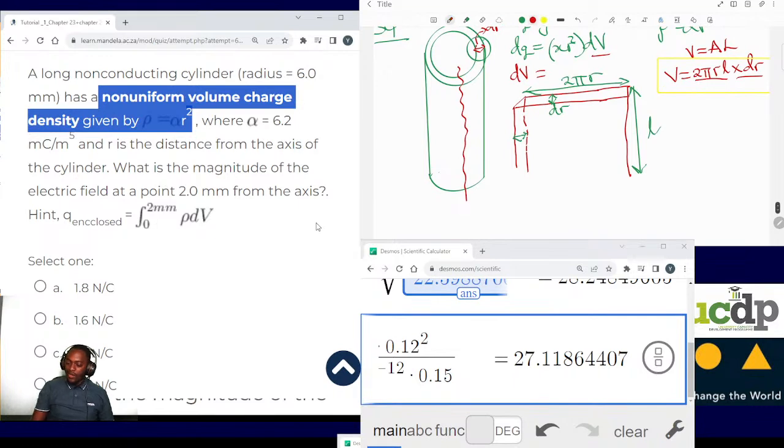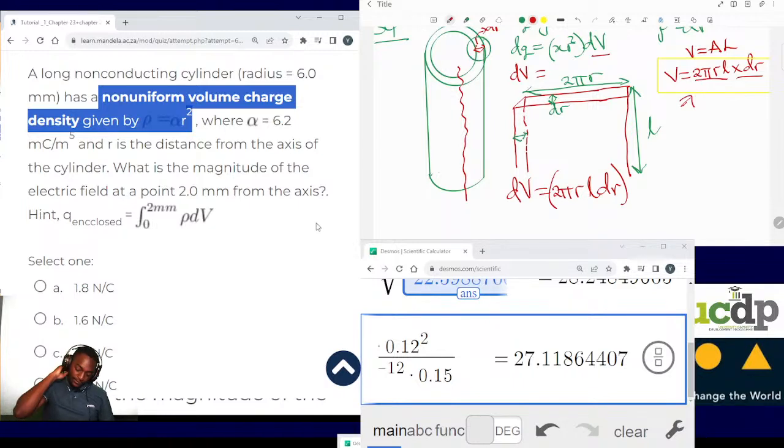So now our dV is equal to 2 pi r L dr. I've just taken it from there.